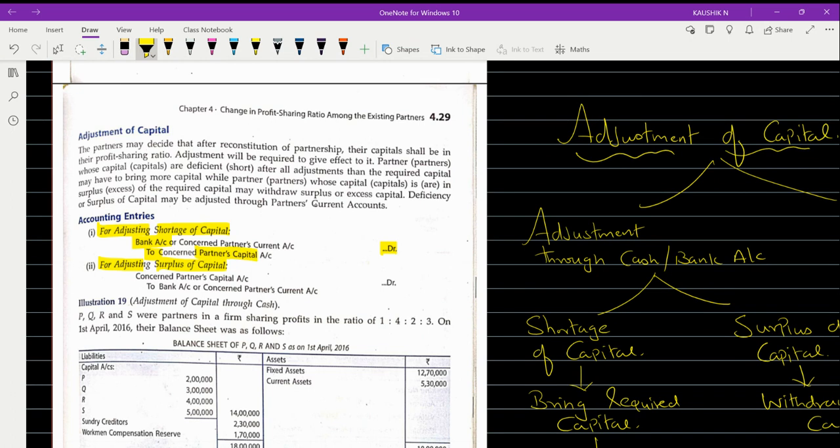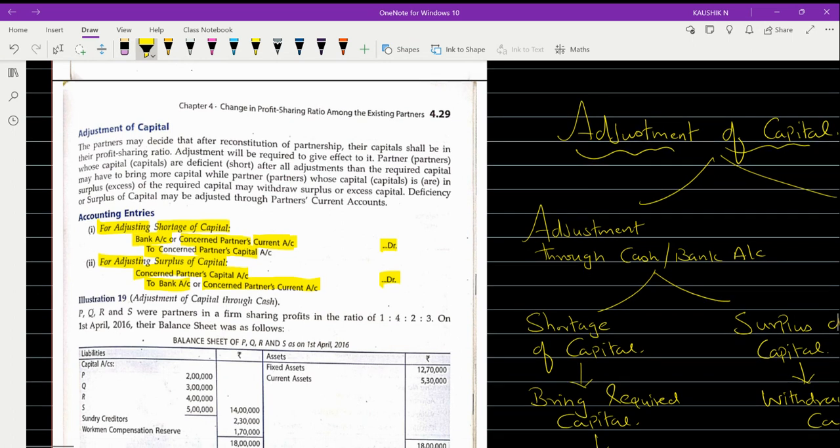If the adjustment is to the current account, then the partner's current account will be debited, followed by the capital account. Same over here: the concerned partner's capital account is debited to cash or bank account, or if not, the concerned partner's current account. This is what I explained in detail: what should be done when adjusting to cash or bank, or to current account. I hope the concept is now clear up to this.